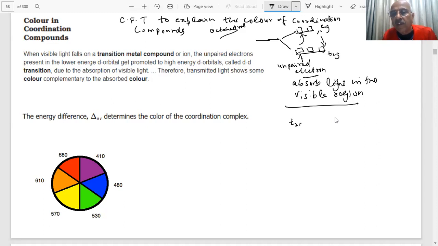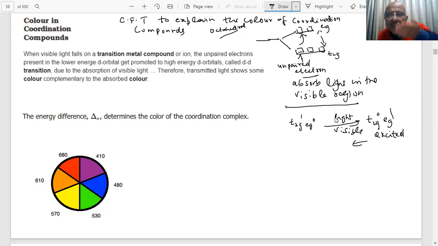For example, if you have T2g1 Eg0, when visible light falls on it, this electron will be excited. The excited electron lives only for a short period, returning after about 10 to the minus 8 seconds or earlier. But the transmitted light doesn't have the absorbed color, and what is observed is the complementary color.